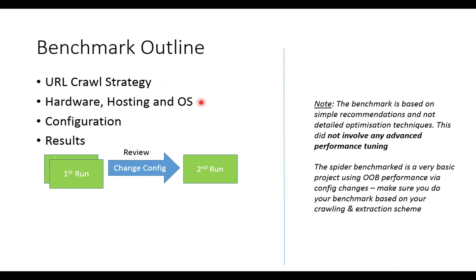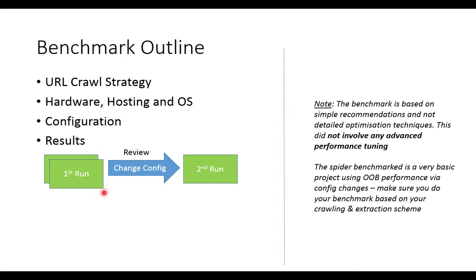We'll take a look at the basic hardware, hosting, and operating system specifics, so you get an idea of the environment of the benchmark. Then we'll look at the configuration and some of the basic code that was implemented in Scrapy. And finally, we'll take a look at the results.